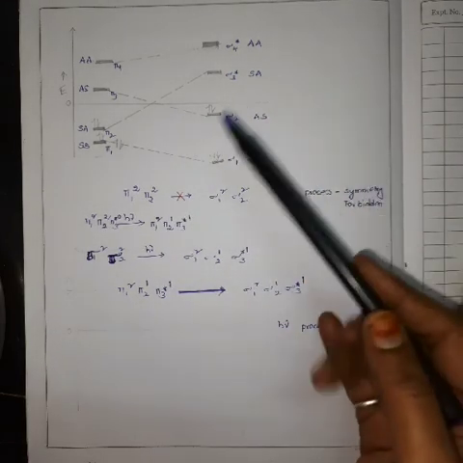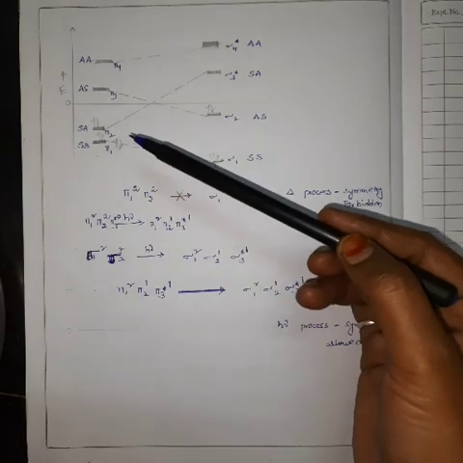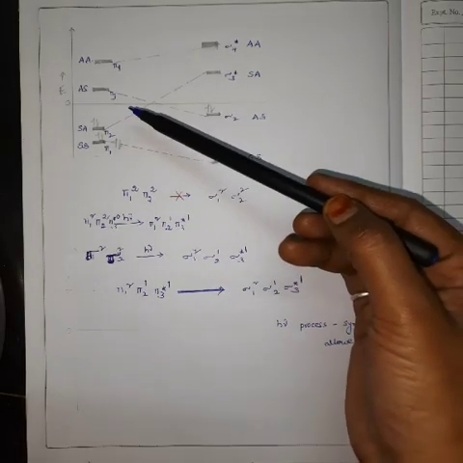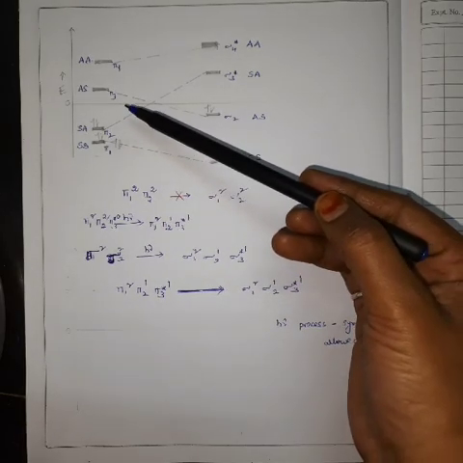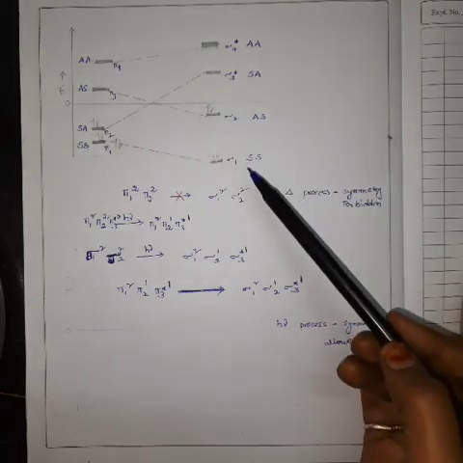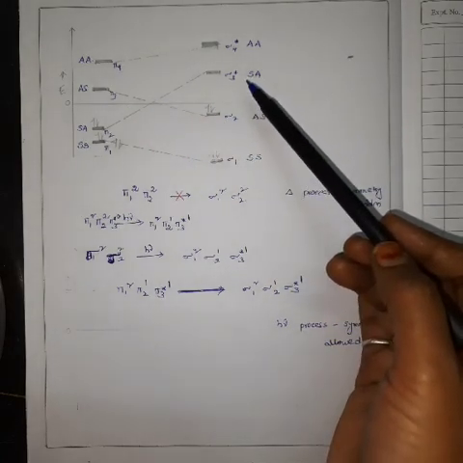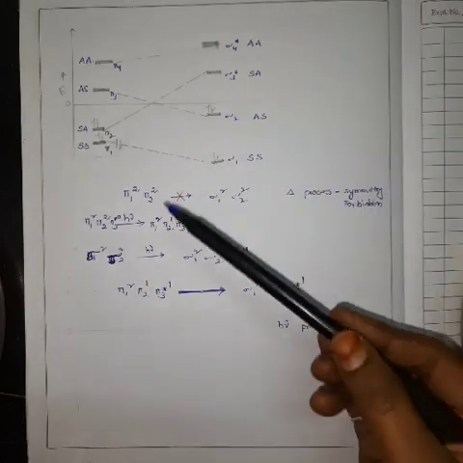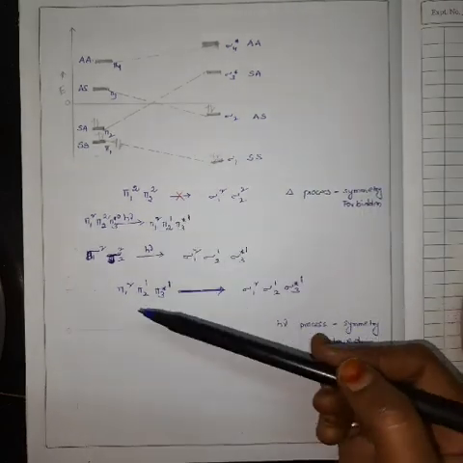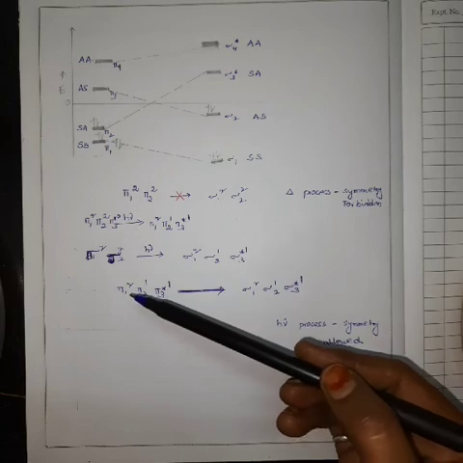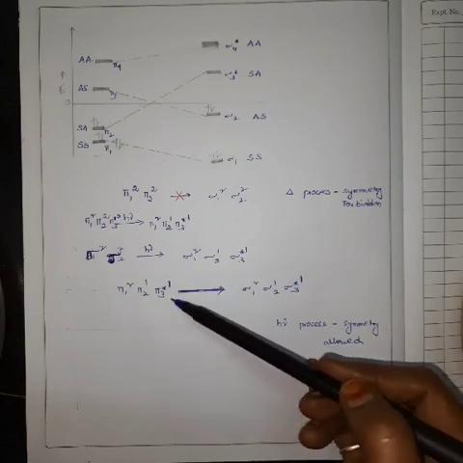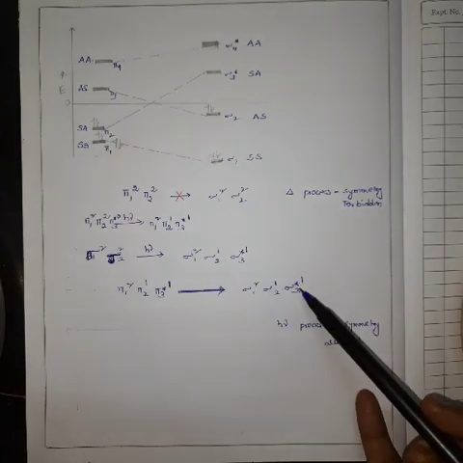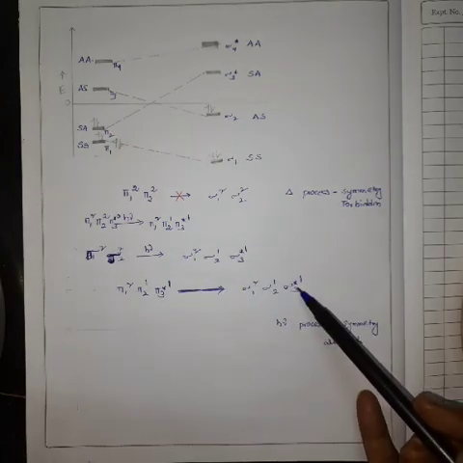Under photochemical condition, pi 1, pi 2, pi 3 orbitals of reactants and sigma 1, sigma 2, sigma 3 orbitals of products are involved. And the electron configuration of the first excited state orbitals of reactants correlates with the first excited state orbitals of products.